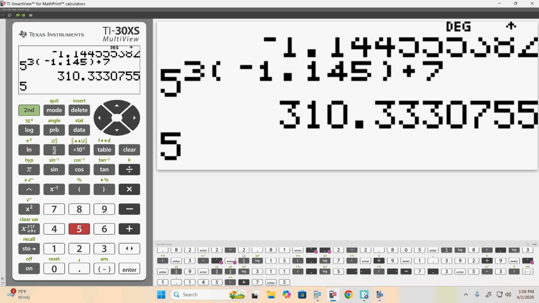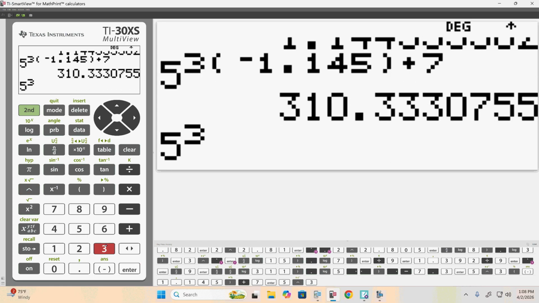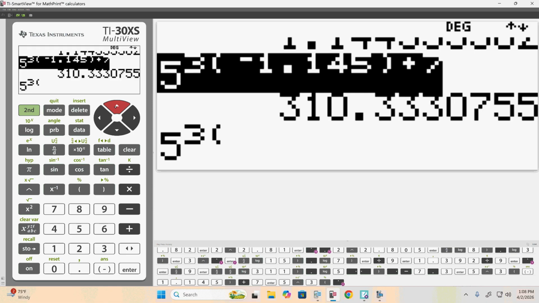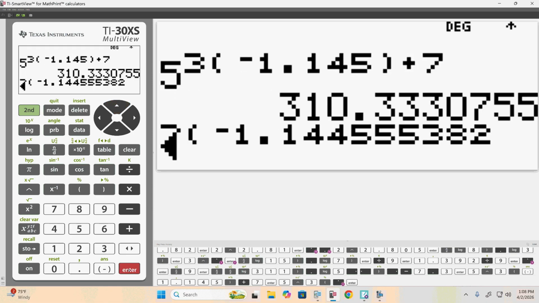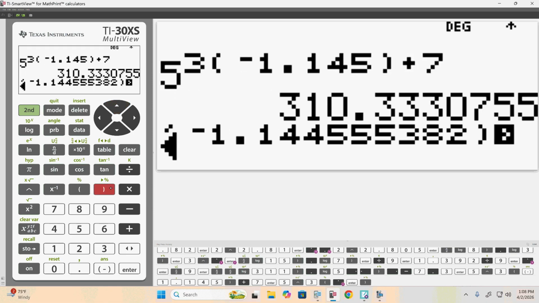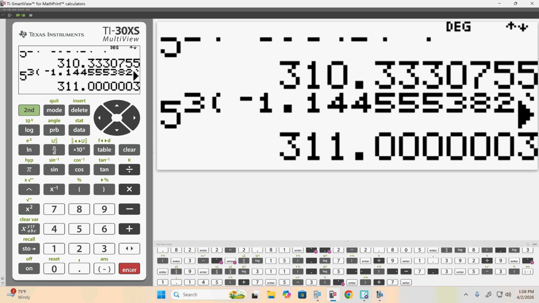Now, if I wanted it to be a little more precise, we can do 3 parentheses, come up here, grab that whole thing, plus 7, and it'll get me pretty darn close. Because again, even that's still an approximation. So it's approximately close to what we need it to be.